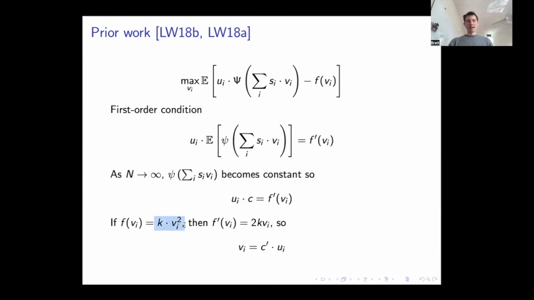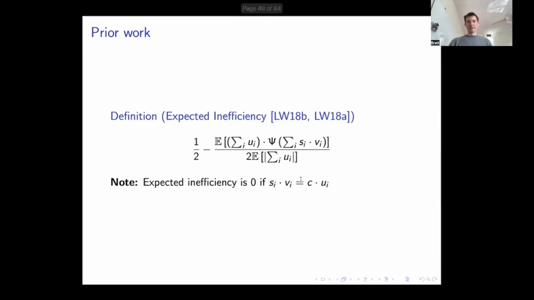What you get is that the quadratic function, or a constant times a quadratic, has this linear derivative, which is what you want to minimize the inefficiency. You need to make this inefficiency 0, so you need everybody to vote exactly proportional to their utility.